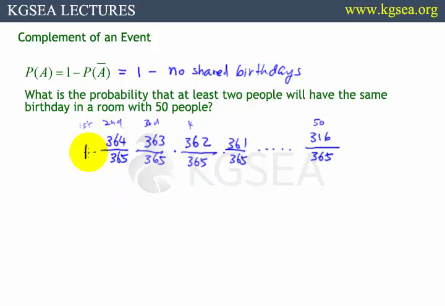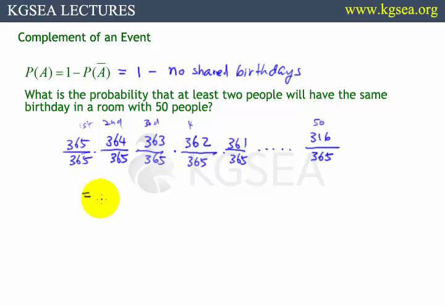To compute this, I will tweak this one to a different number. Instead of saying 1, I will say 365 over 365. Not only is it 1, but it makes sense, right? When he walked in, he could choose 365 days out of 365 days to avoid sharing a birthday with anyone because there was nobody. So this is what we got.